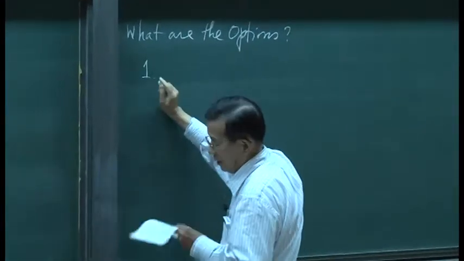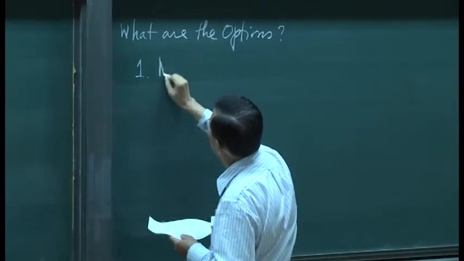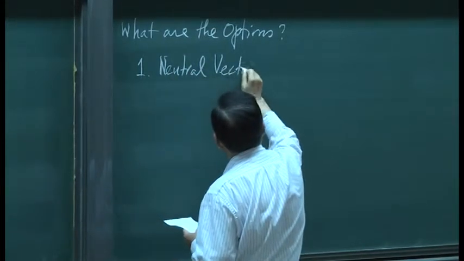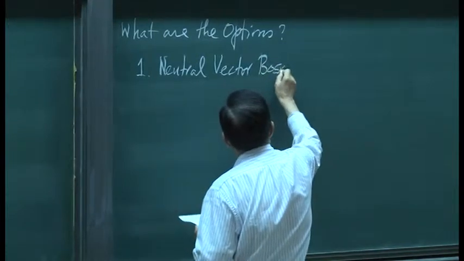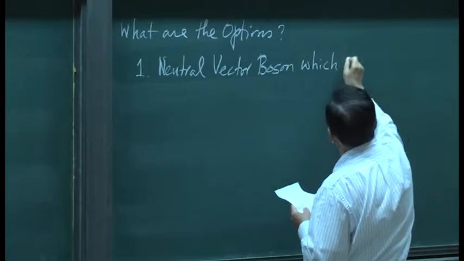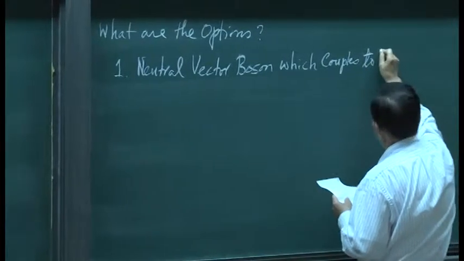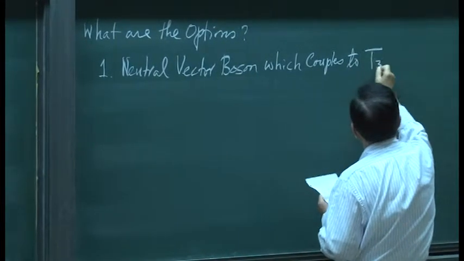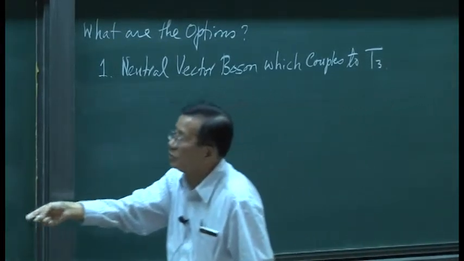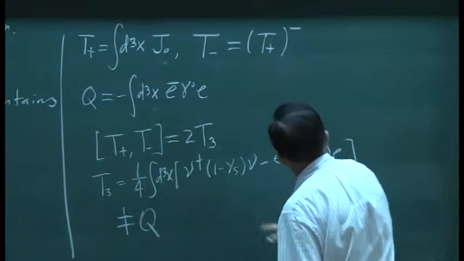One is to introduce a neutral vector boson which couples to T3. So we introduce another vector. In other words, we have a vector boson here, a vector boson there, and then we need this, so we introduce another one.